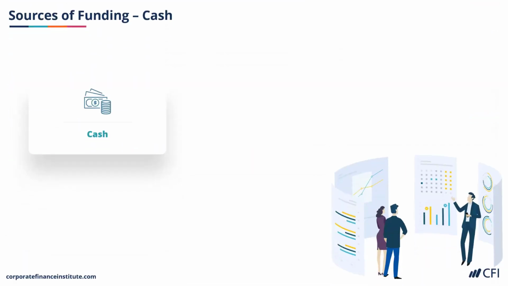Let's take a look at the pros and cons of cash. Cash is always accepted as a source of funding for a project. That goes without saying. It's very liquid, which means it can be accessed immediately, and there's no cost to getting the cash that a company already has, other than foregoing the opportunity cost of investing it in something else.